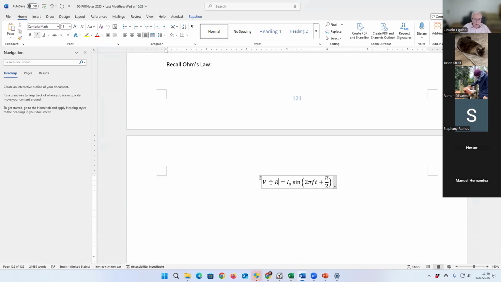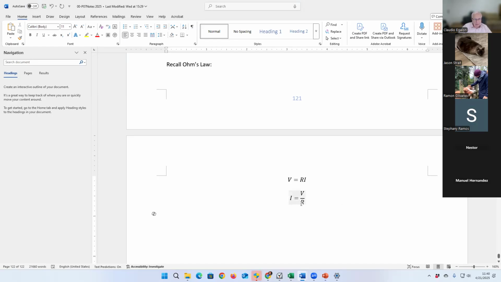V equal to Ri, which can also be written another way: I equal to V over R, right? And then we are going to rewrite our current in this exact format.